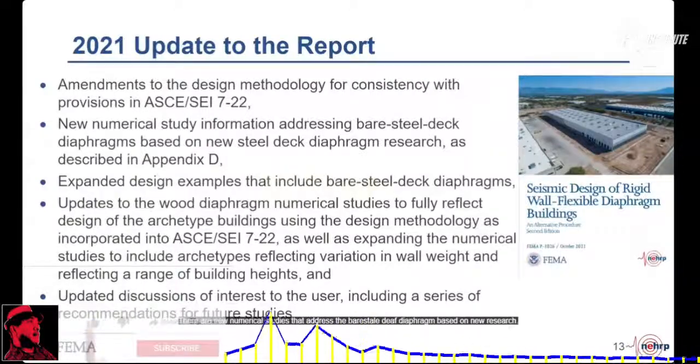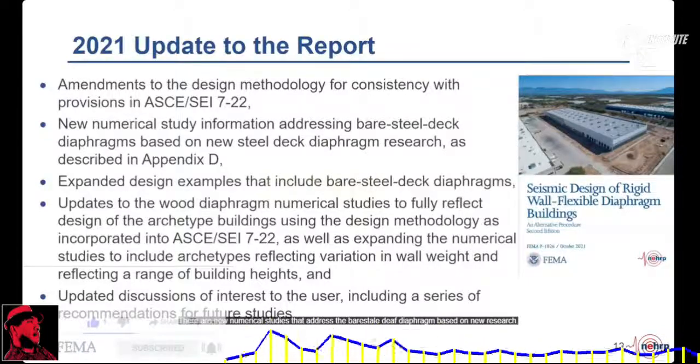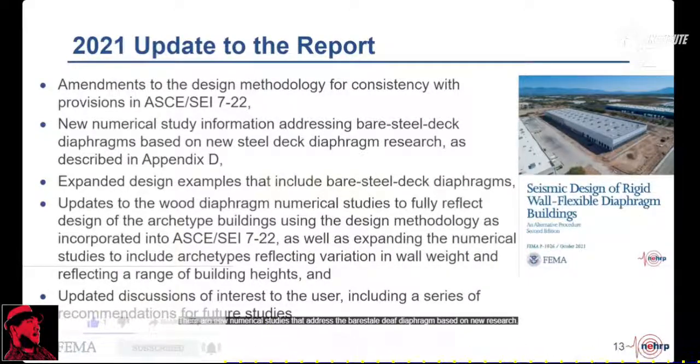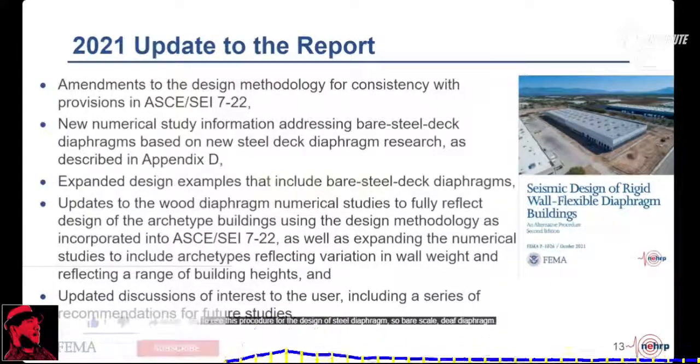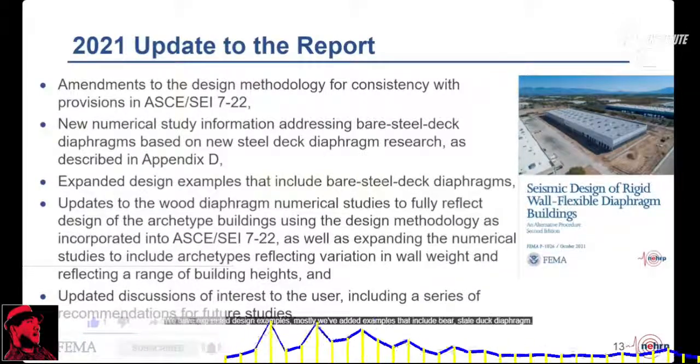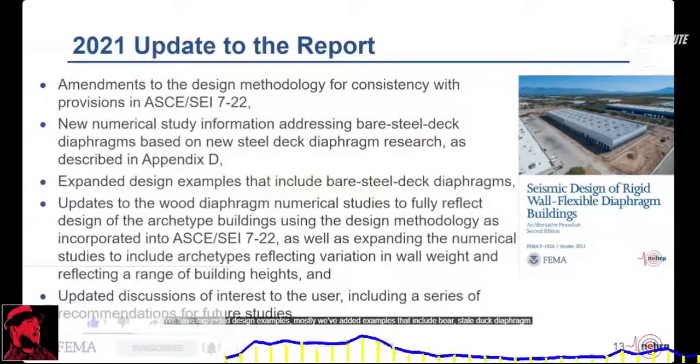There are new numerical studies that address the bare steel deck diaphragms based on new research, and so we now allow this procedure for the design of bare steel deck diaphragms. We have expanded design examples, mostly examples that include bare steel deck diaphragms.